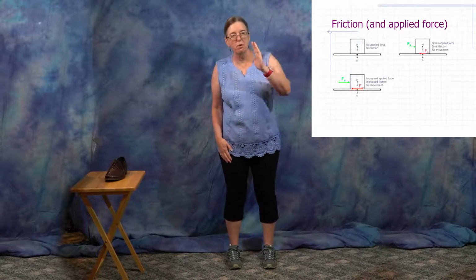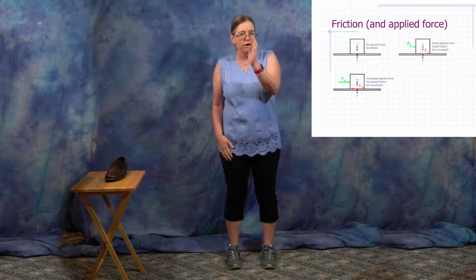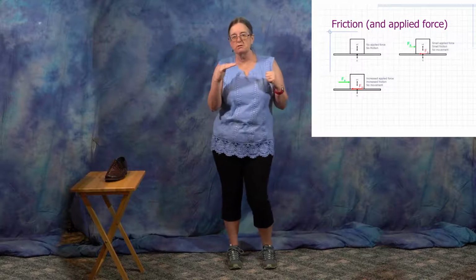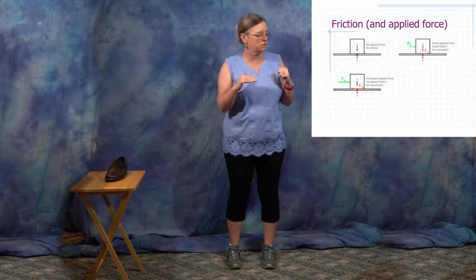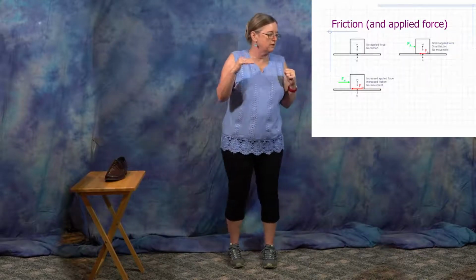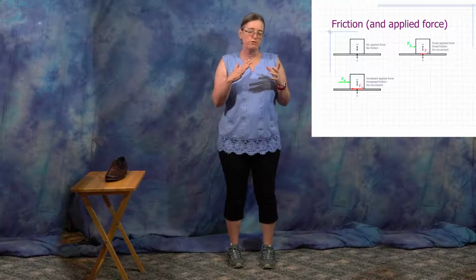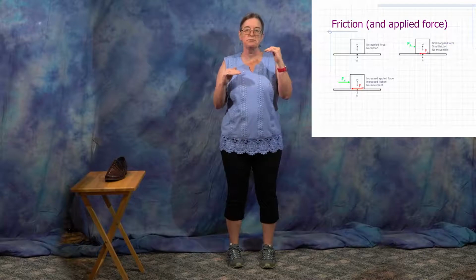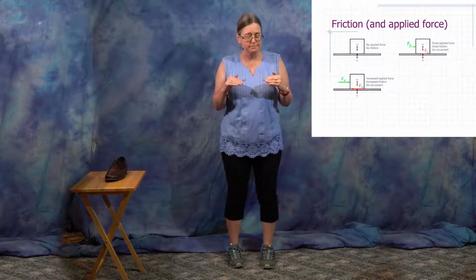If I push more, I apply more force on it, I can push a greater force. I will have a greater amount of force underneath it created by friction. So the red is the force created by friction, and the green is my applied force.